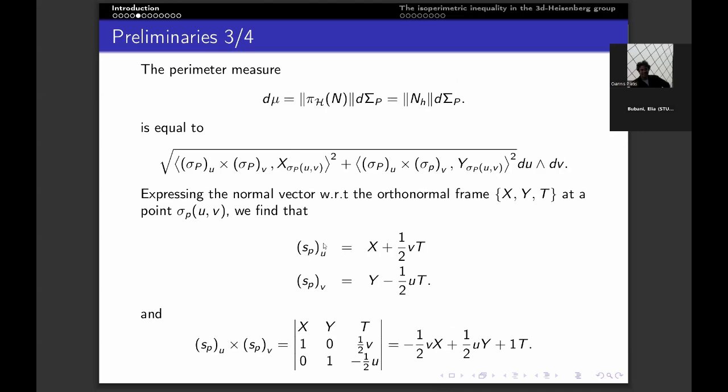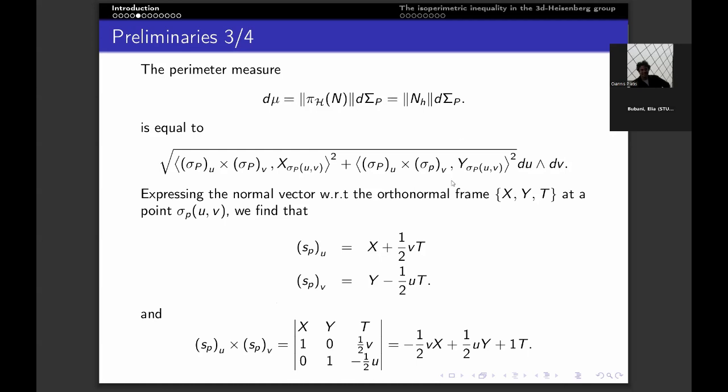So one can find that the two vector fields, here the tangent vector fields, with respect to u and v are these, and we can write the cross product with respect to the orthonormal frame x, y, and t, but calculated at the points of the surface.